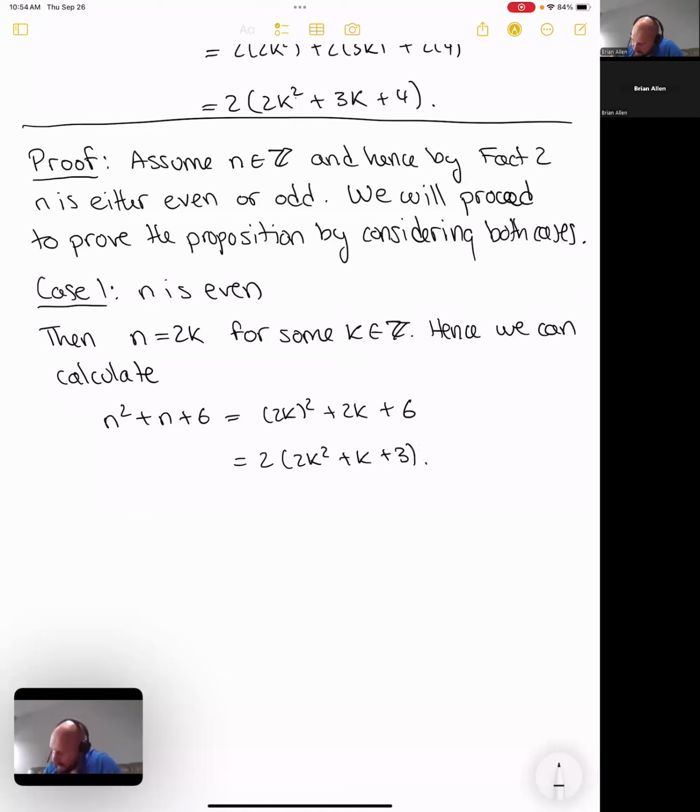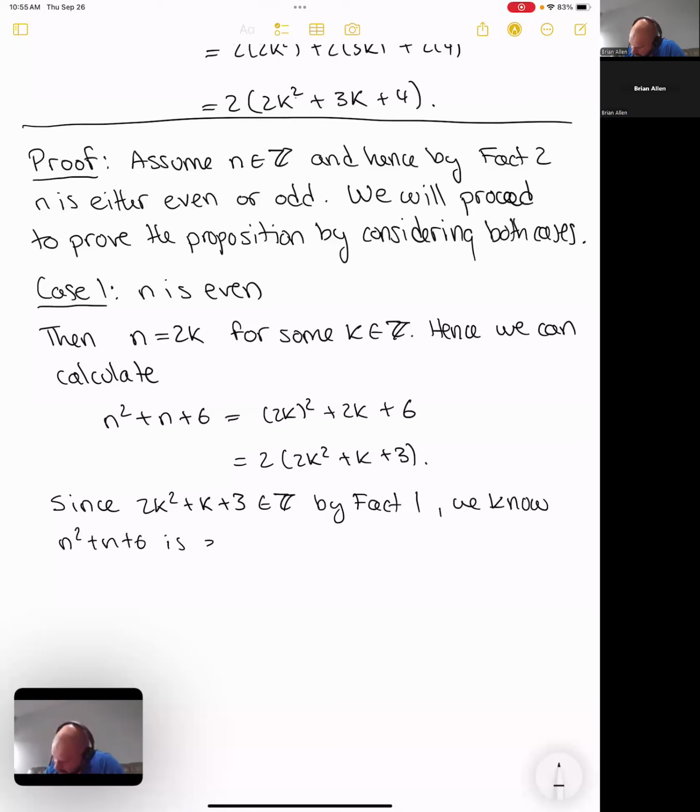And since, let's just point out to the reader the ending here, since 2k squared plus k plus 3 is an integer, by fact 1, we know n squared plus n plus 6 is even by definition 1.